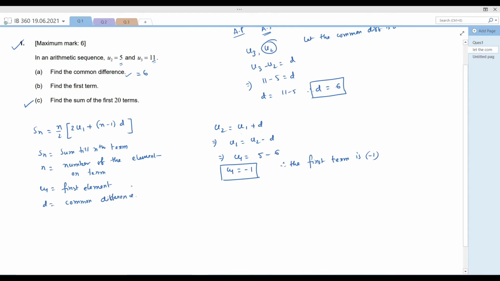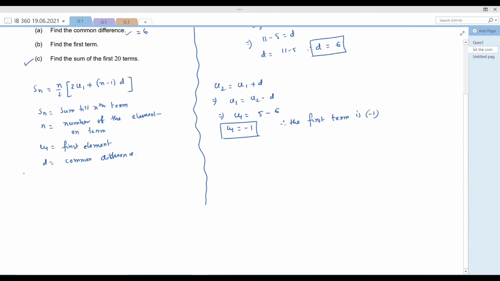So from here you can get S of 20 equals, here n is 20. First I need to write all the variables. The values of the variables are n equals 20, u1 equals minus 1, d equals 6. So S of 20 equals 20 by 2 into 2 into minus 1 plus 20 minus 1 into d.